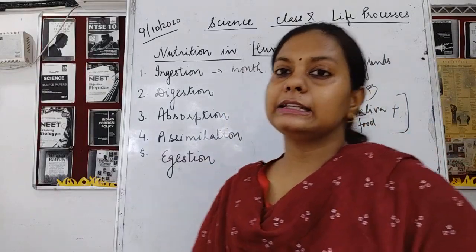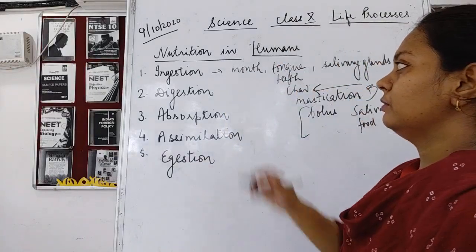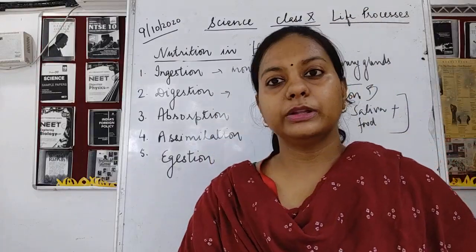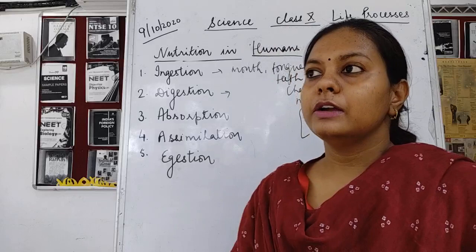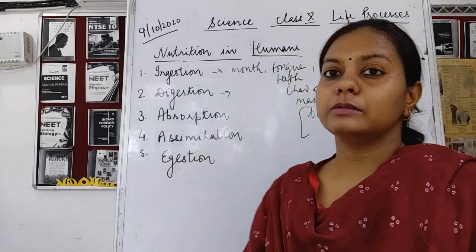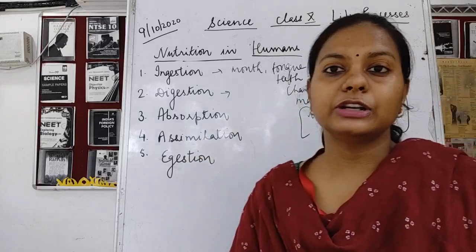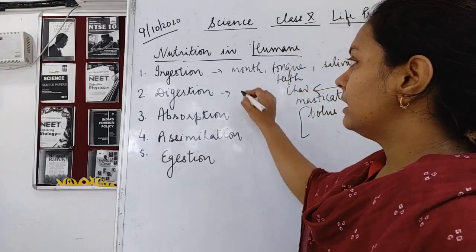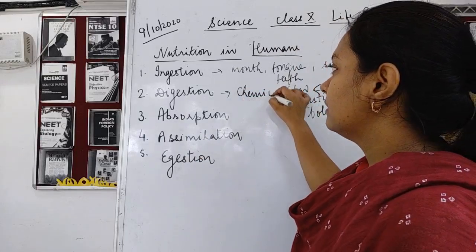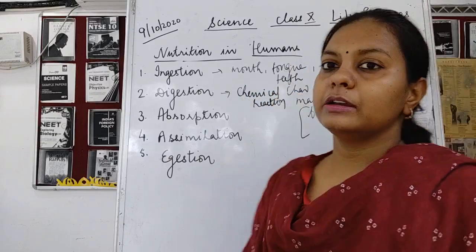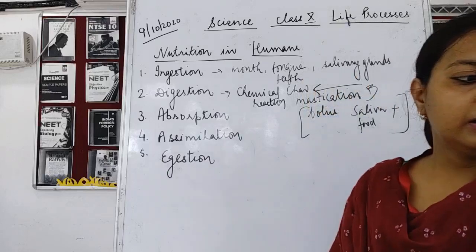Now next is digestion, which is a complex phenomenon where the food is getting mixed with different enzymes and digestion starts. Actually, it is a chemical reaction which is taking place in the organ.